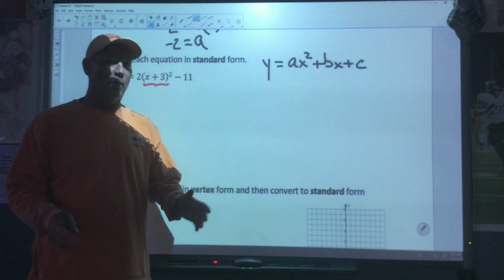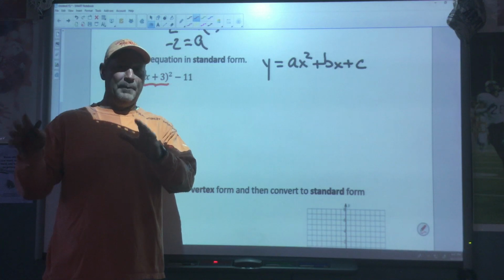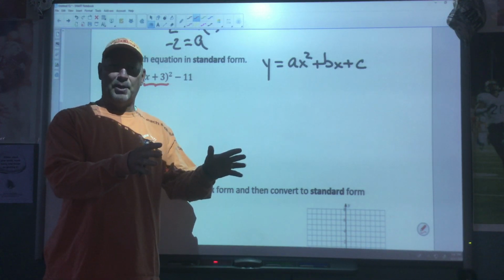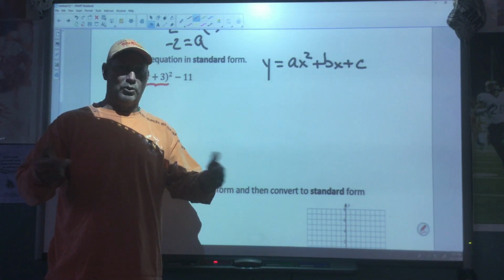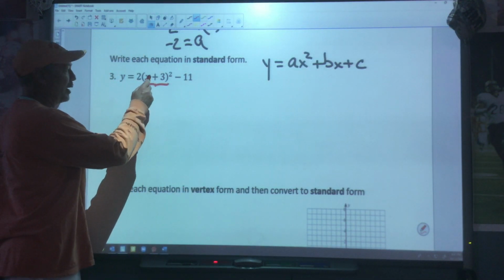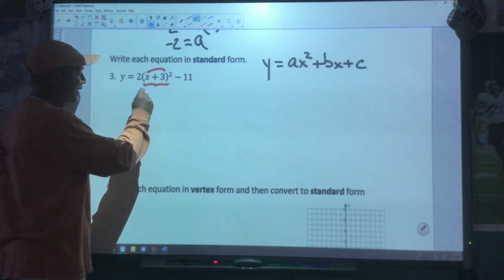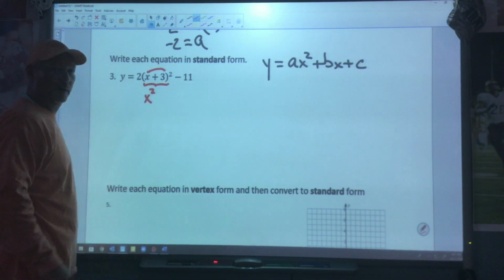There's a couple of ways you can do this. You can do distributive property, or you can set up the box method. I'm going to do a little quick method right here. Watch what I do. I'm going to ask you to square the x. X times x, x squared.